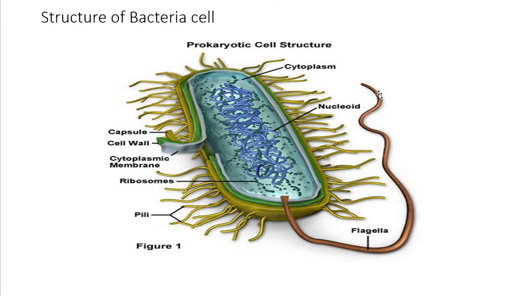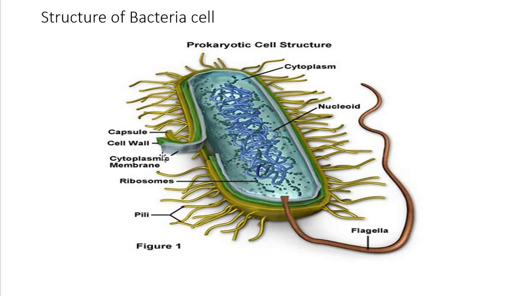Flagella are fine whip or hair-like structures. These are unbranched, wavy helical appendages that protrude through the cell wall. The protoplast: here we can see inside the bluish color cytoplasm or the protoplast. The contents of the bacterial cell lying within the cell wall together form the protoplast, and this protoplast consists of the outer plasma membrane.